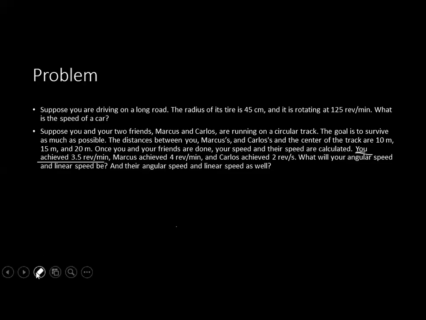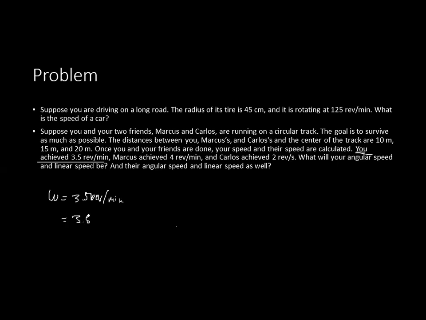Actually, oh wait, sorry. Actually, I'm wrong here though. Okay, let's solve this one once again because I could be wrong. So your angular speed is 3.5 revolutions per minute. But we need to convert this one into radians.